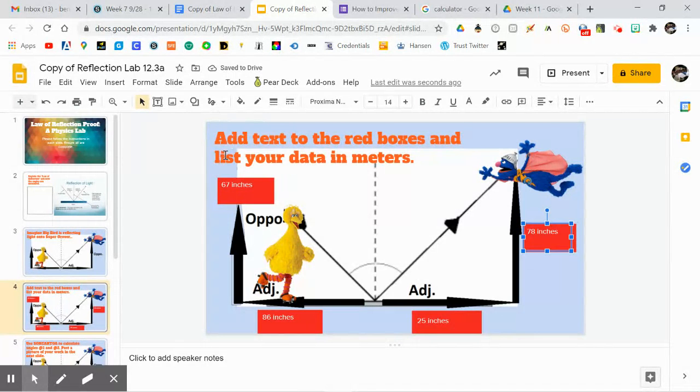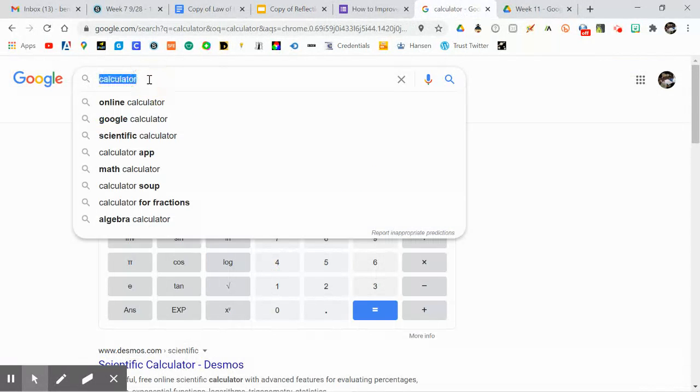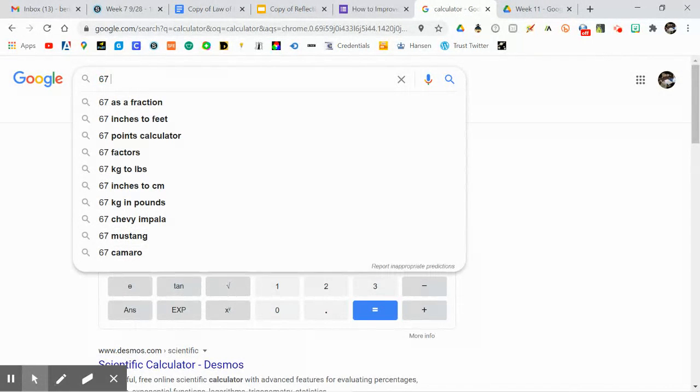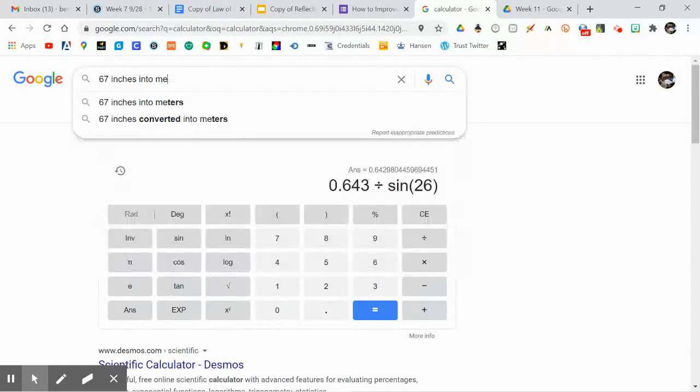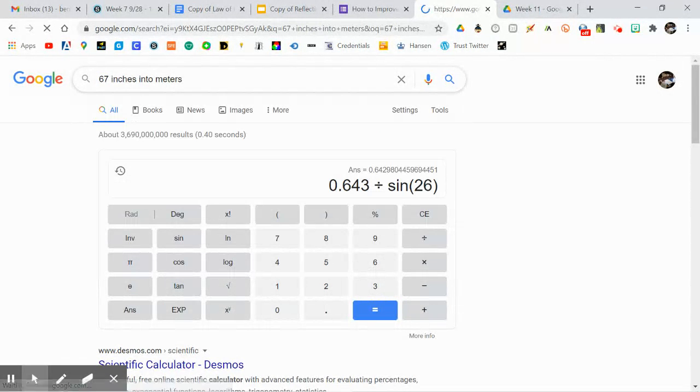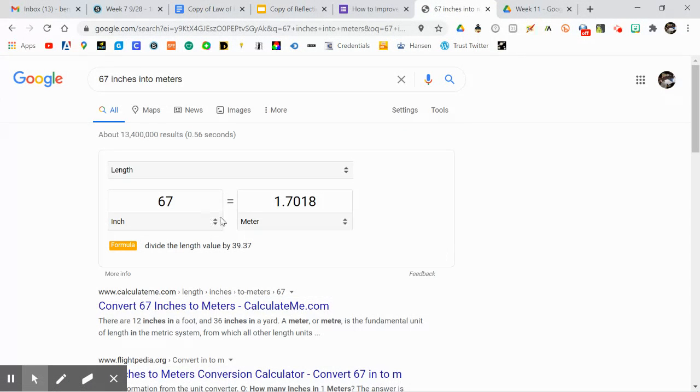And please notice how it says list your data in meters. So 67 inches. I go to Google and I say 67 inches into meters. Press enter, and now it gives it to me.